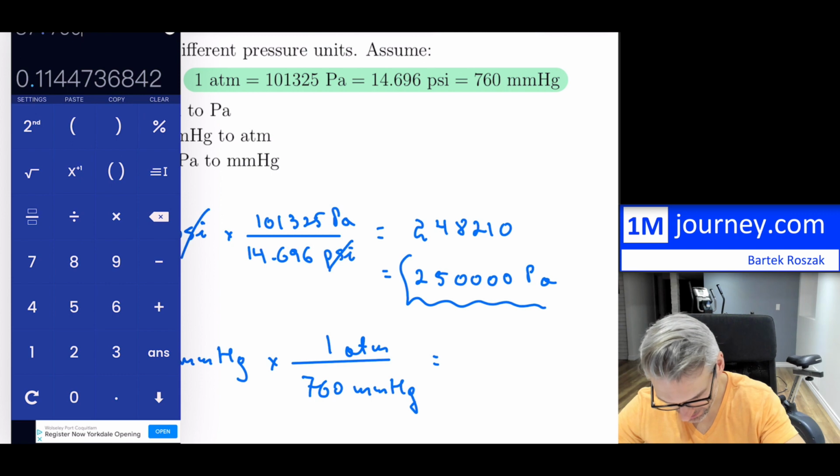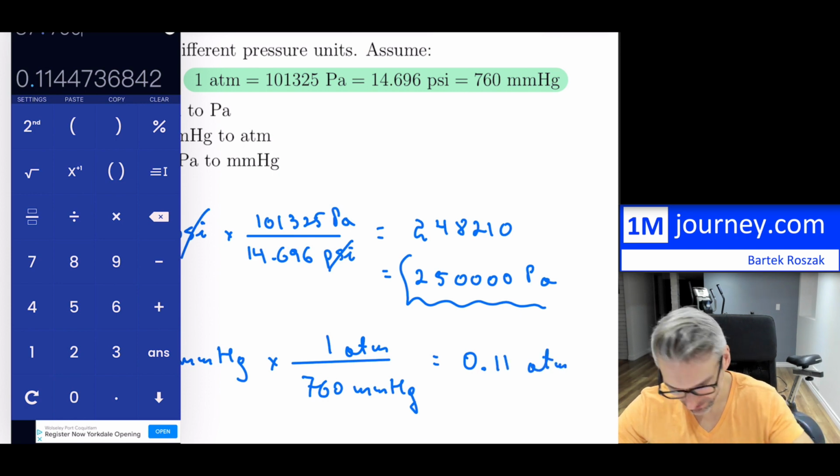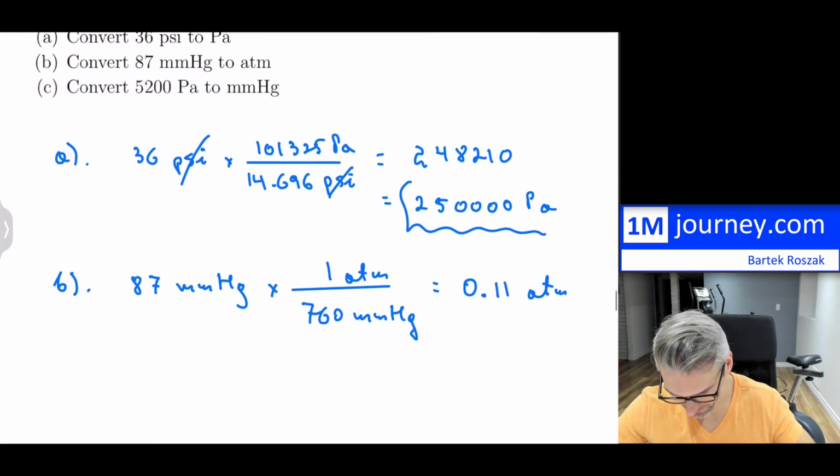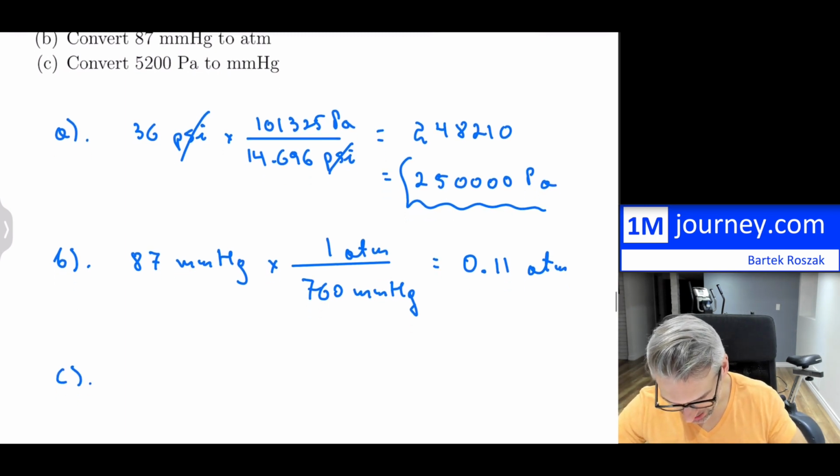And 87 is 2 significant figures, so I'll just leave it in 2. So 0.11 atmospheric pressure. That would have been the second one. And then for the third one, we have 520 pascals, and we want to change this to millimeters of mercury.